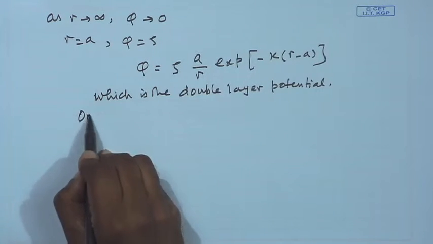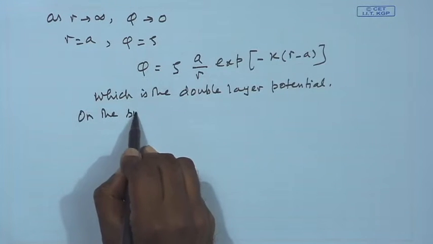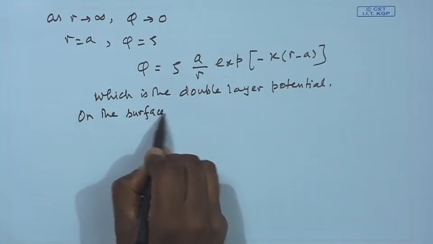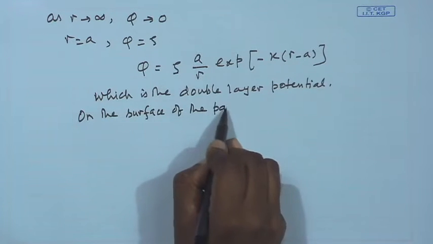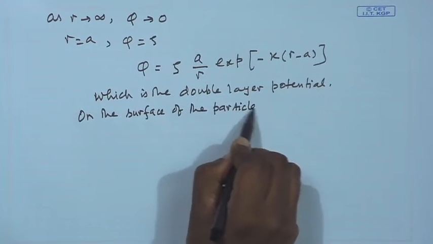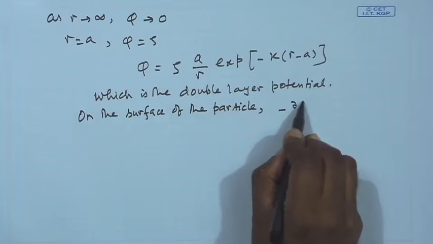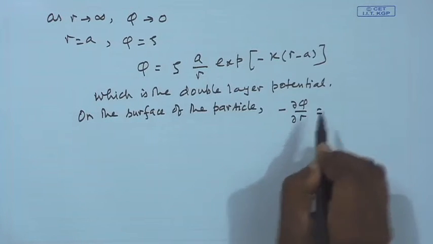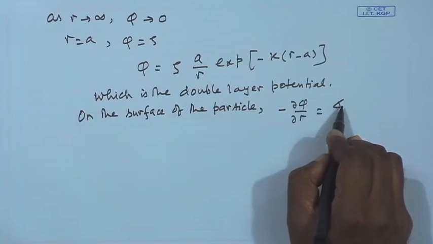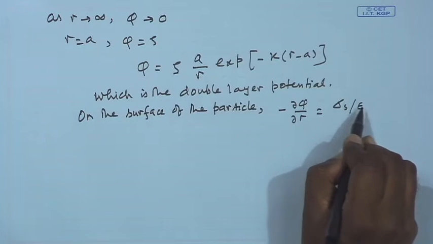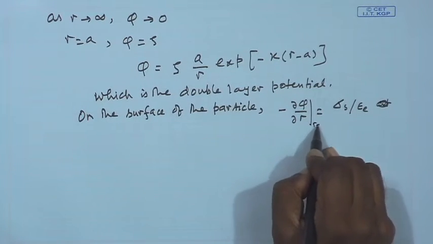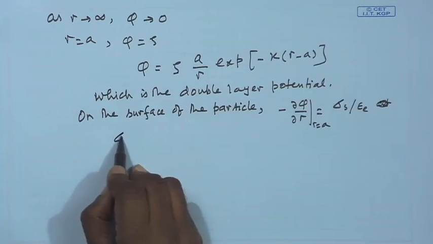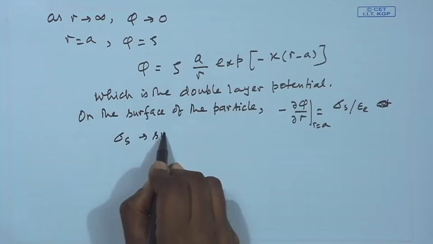Now, on the surface of the particle, minus del phi del r equal to sigma s by epsilon e at r equal to a, where sigma s is the surface charge density.